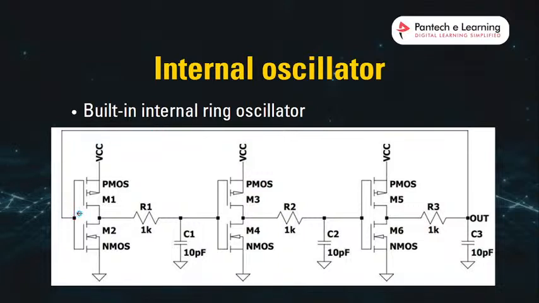This is called a ring oscillator. We can get the required frequency by using this circuit because there is a delay from one CMOS to another CMOS transition.